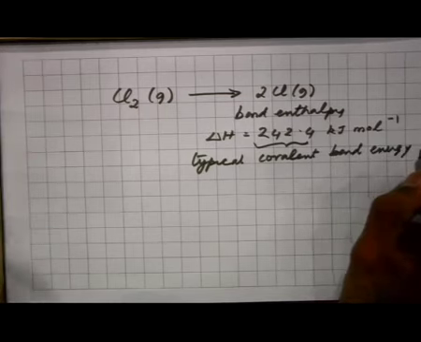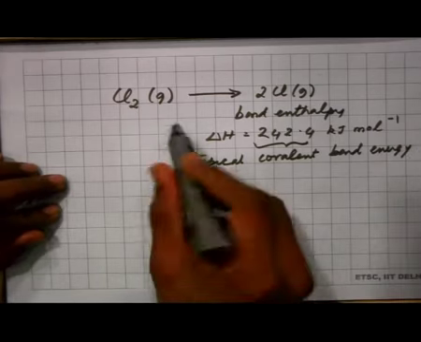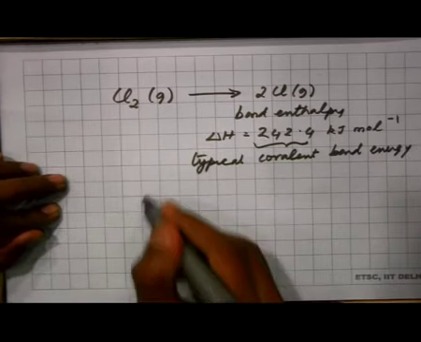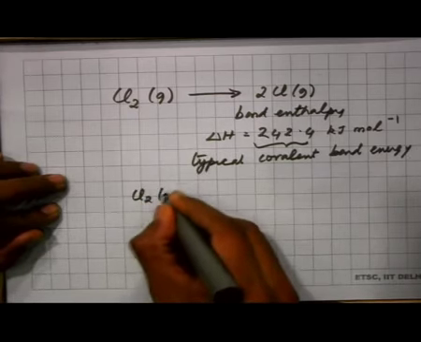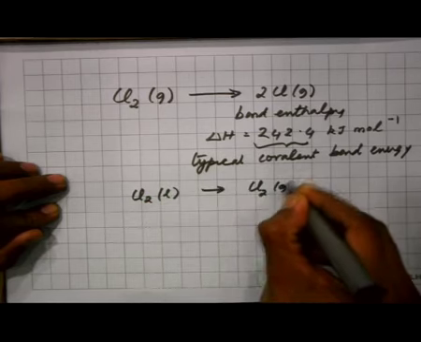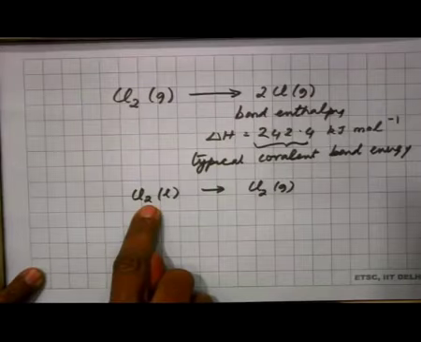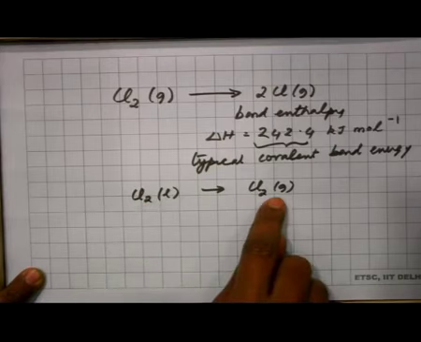If somebody asks you, approximately 100 to 400 kilojoules per mole is a typical bond energy. What we now have to compare is the energy for intermolecular forces. The intermolecular forces of attraction, which keep chlorine as a liquid, will not exist, or will be lesser in chlorine gas.